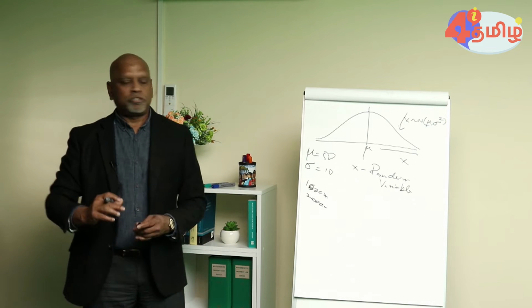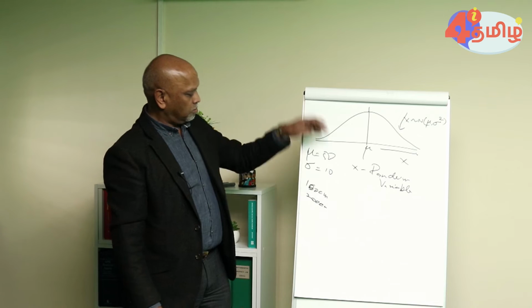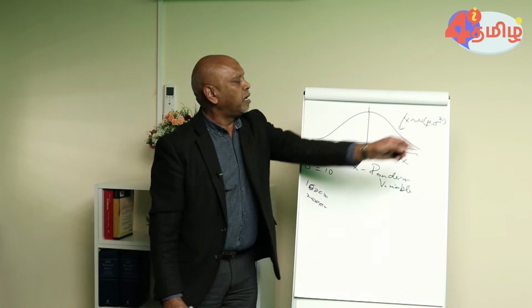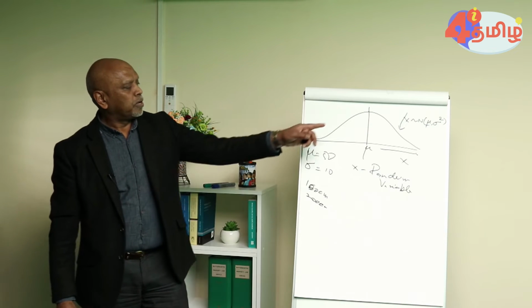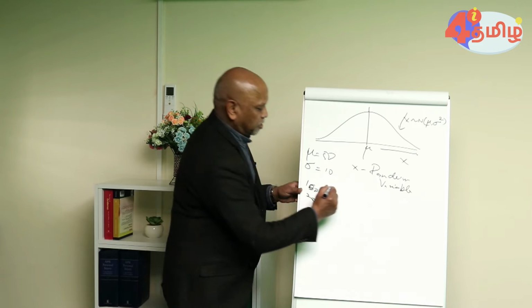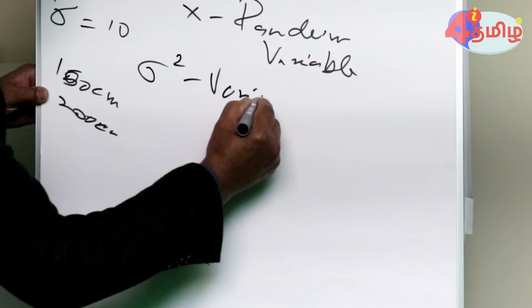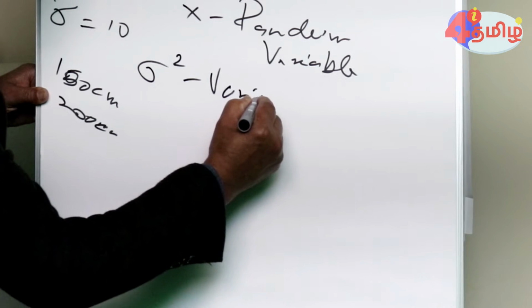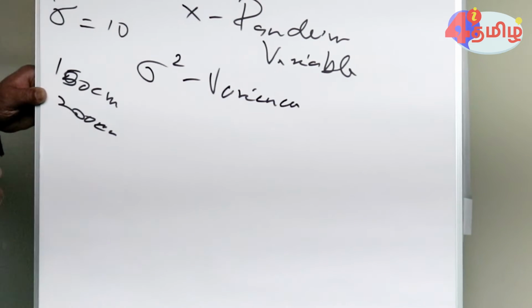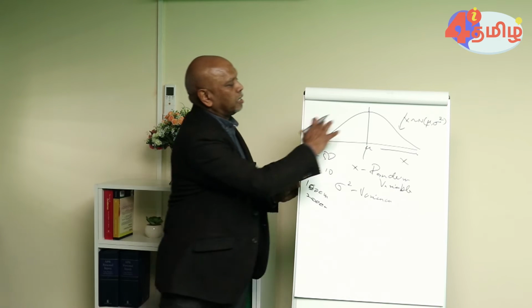N represents the normal distribution. Mu is the mean of what we are talking about, and sigma is the standard deviation. And you can see sigma squared. Sigma squared is the variance. That's how we represent the graph.